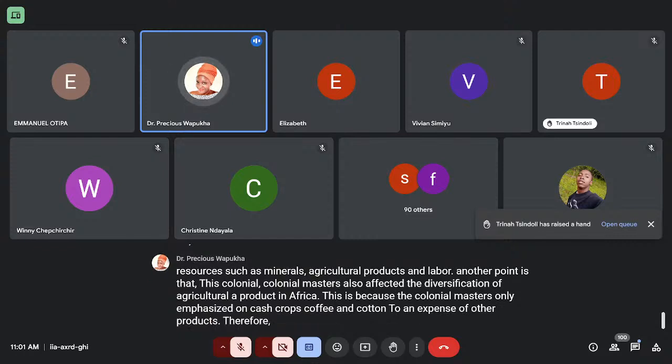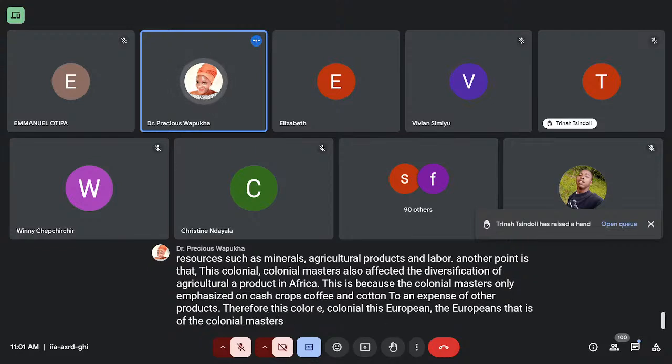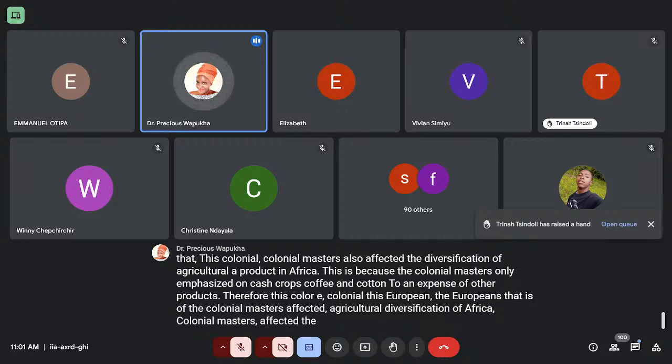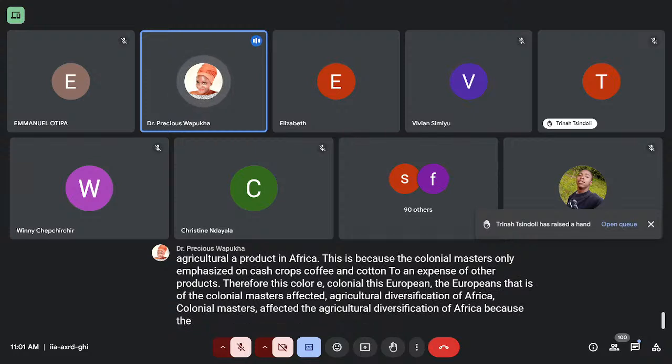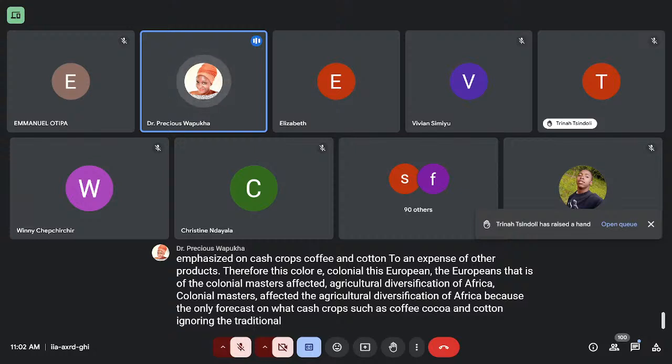Therefore, the Europeans, that is, the colonial masters, affected agricultural diversification of Africa because they only focused on cash crops such as coffee, cocoa, and cotton, ignoring the traditional agricultural products such as yams and cassava.